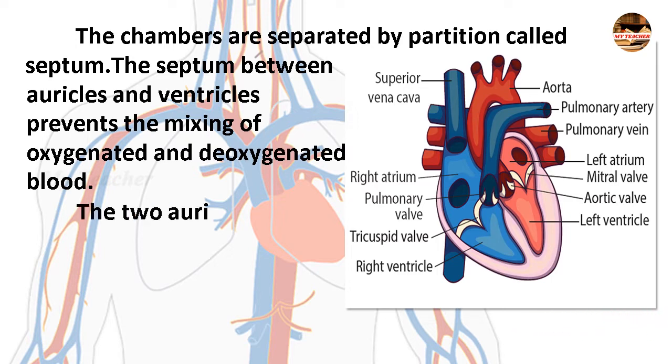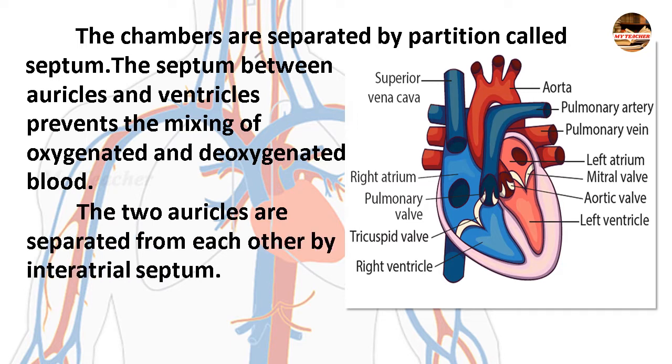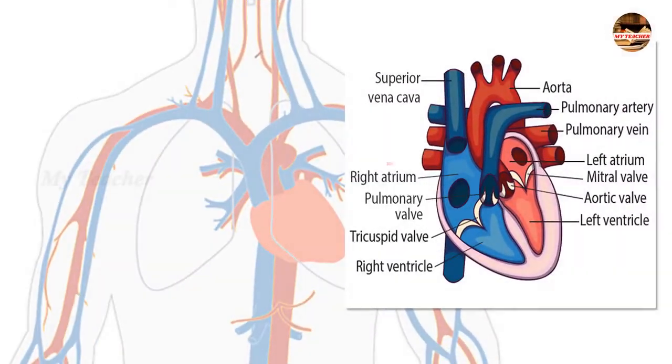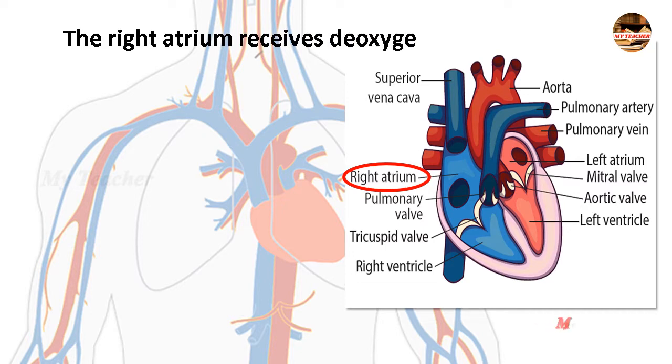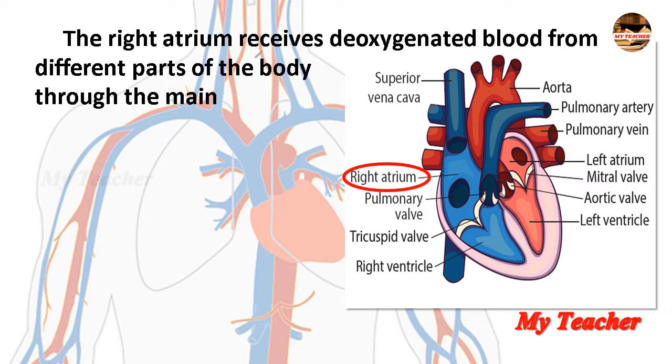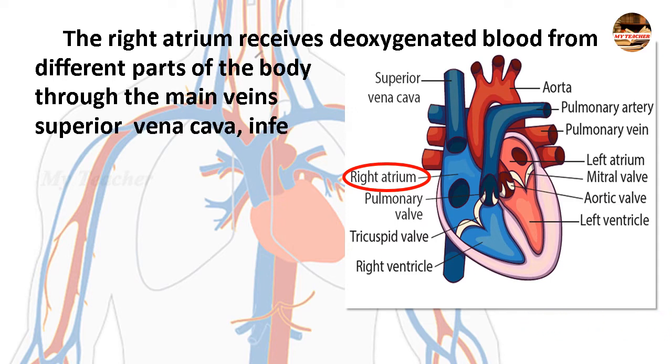The two auricles are separated from each other by the interatrial septum. The left atrium is smaller than the right atrium. See the right atrium showing blue colored, which means it contains deoxygenated blood. The right atrium receives deoxygenated blood from different parts of the body through the main veins.